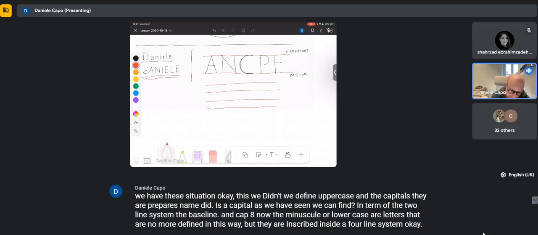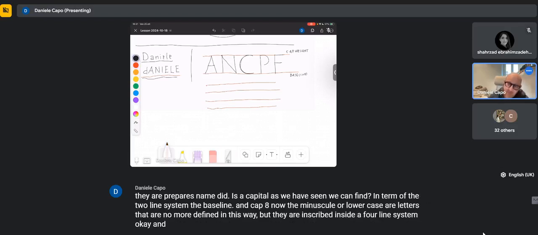Four-line system means that you find letters that have ascenders.